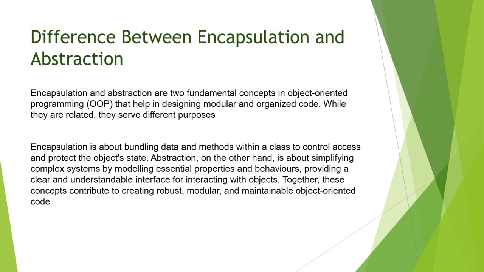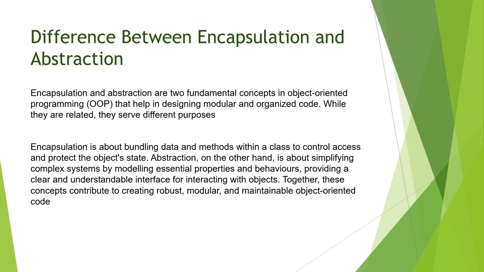So two points. Encapsulation is about maintaining the object's data. The object should not go into a wrong state or unrealistic state, like how the plane should not crash. That is called encapsulation. Object state should be maintained.